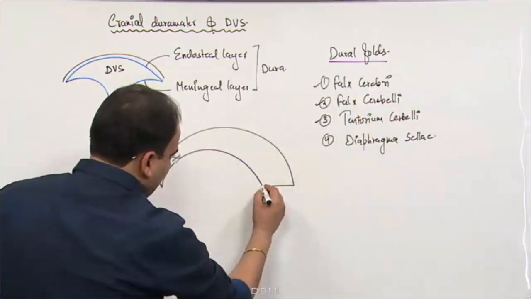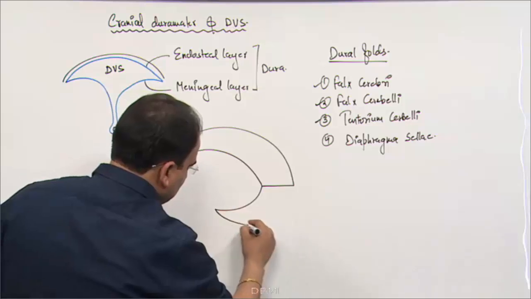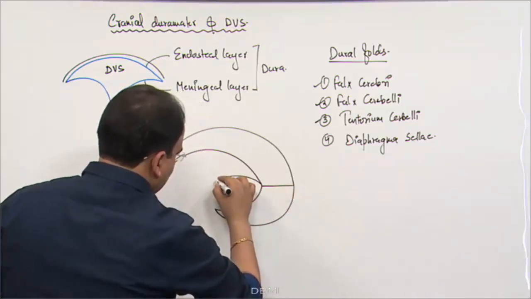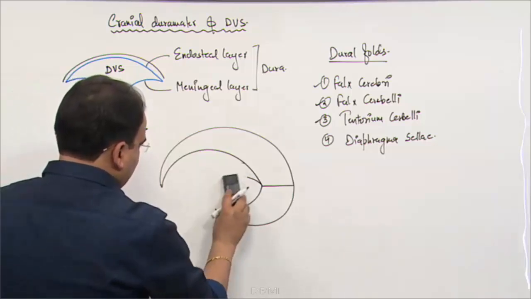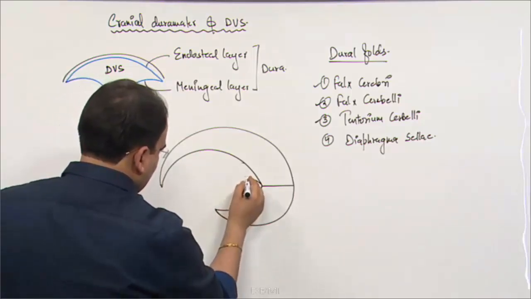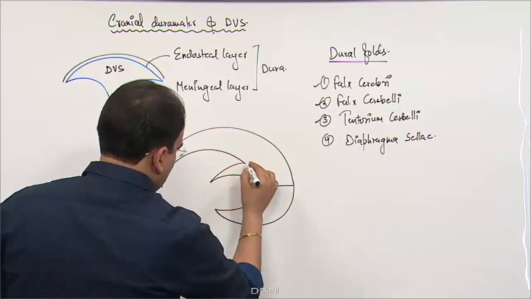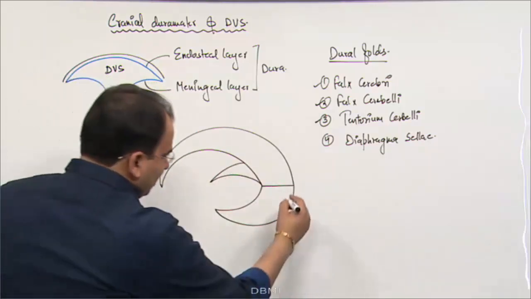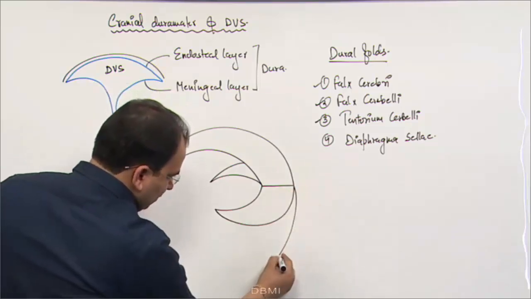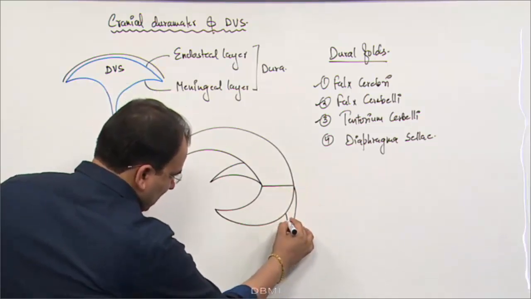So the falx cerebri, as I said, is resting on this tentorium which is in the horizontal plane. And from the under surface of tentorium cerebelli there is another fold which is present between the two cerebellar hemispheres.